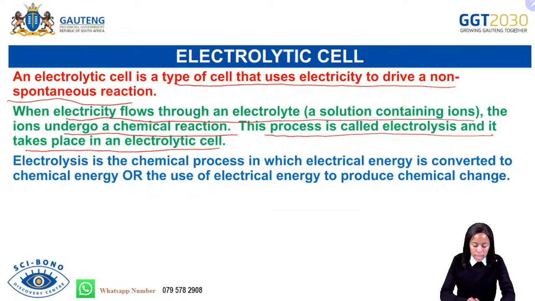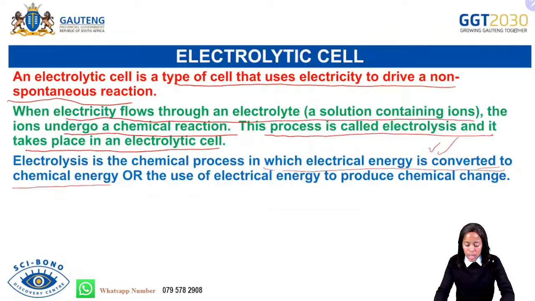Okay, then it says electrolysis is the chemical process in which electrical energy, so we spoke about this, we said when it comes to conversion, we are going to have electrical energy to chemical energy. So remember again, when it comes to the exam, they can ask you the energy conversion when it comes to the electrolytic cell, as well as the energy conversion when it comes to the galvanic cell then.